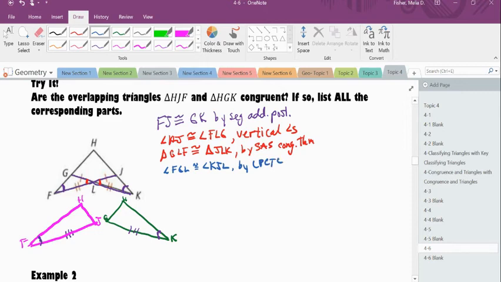So that is FGL, this angle right here, being congruent to this angle right here by CPCTC. And then we can draw the conclusion that this angle and this angle will be congruent because these are linear pairs.